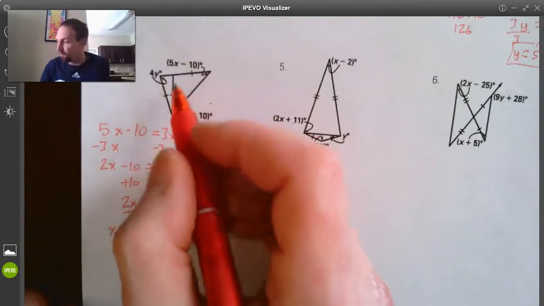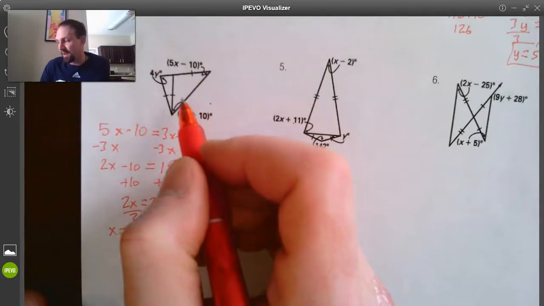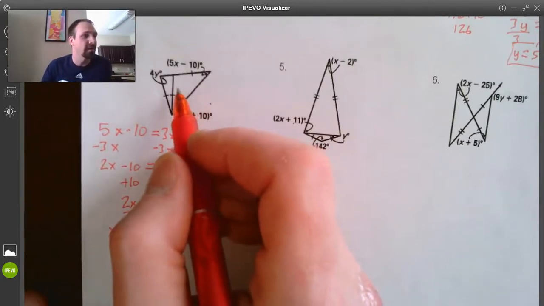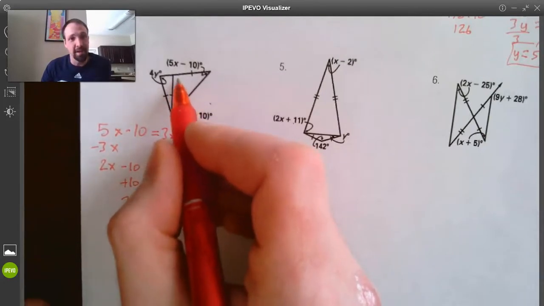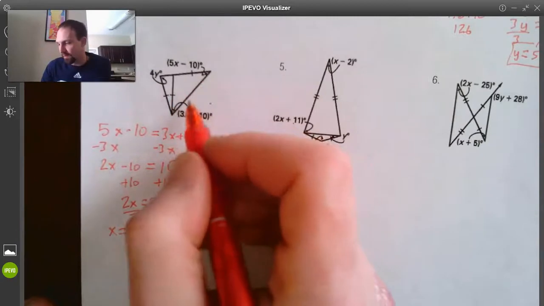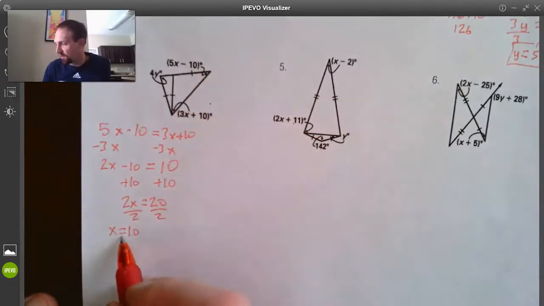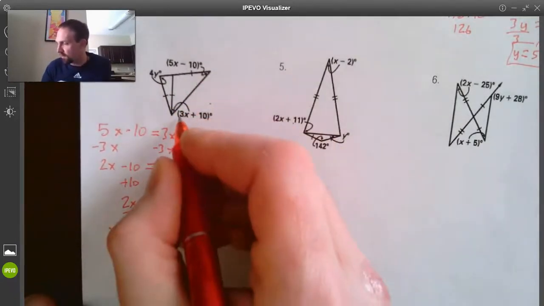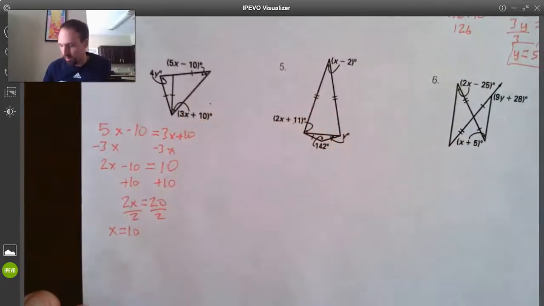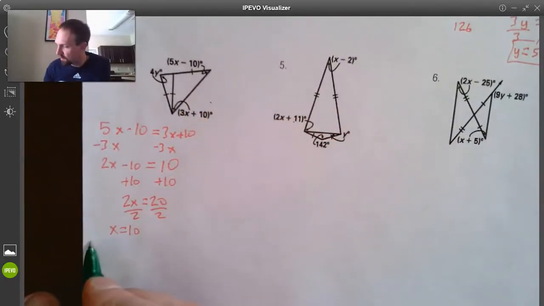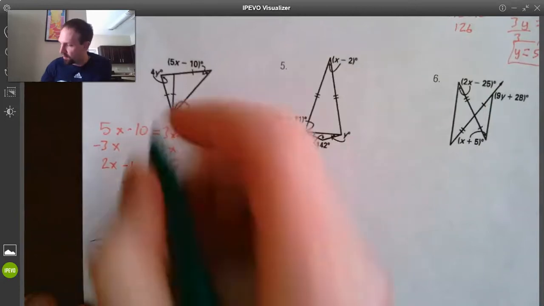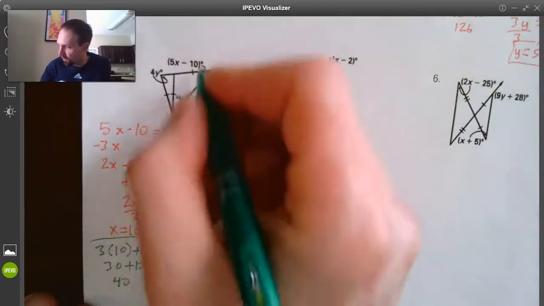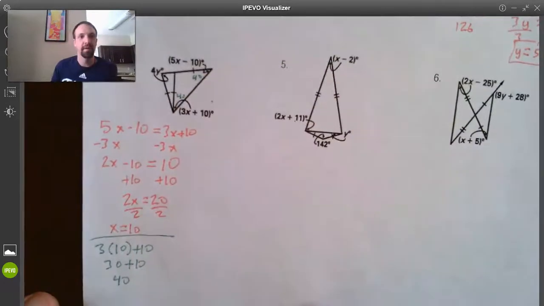So what I need to do, to get the entirety of the triangle here, is figure out what this missing measurement right here is. We can do that easily by substituting in 10 into either of these. So if I substitute 10 into here, that's going to give me 3 times 10 plus 10, so 30 plus 10. So these two angles here are 40 degrees for that part.